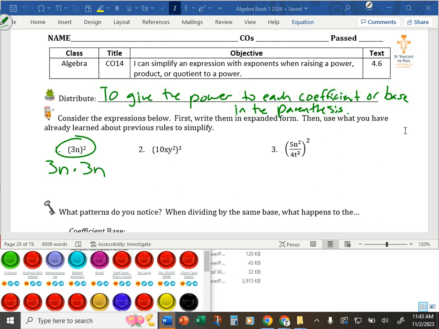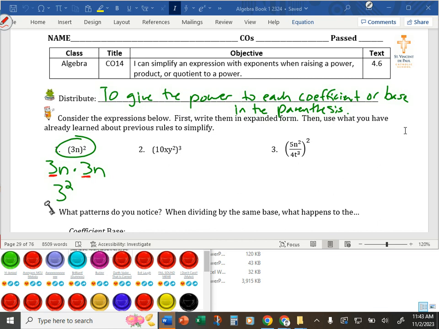That's what's being squared. 3n times itself, okay? 3n times 3n. And if we simplify this, how many 3s do we have being multiplied together? 2. We can write that as 3 squared, right? We take this 3 and this 3, 3 times 3 gives us 3 squared.